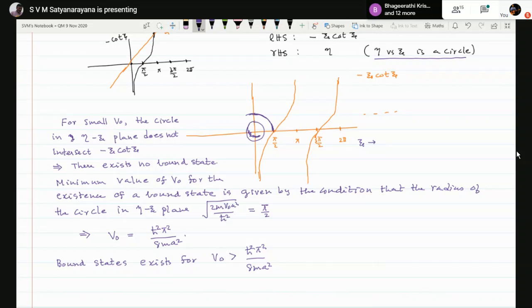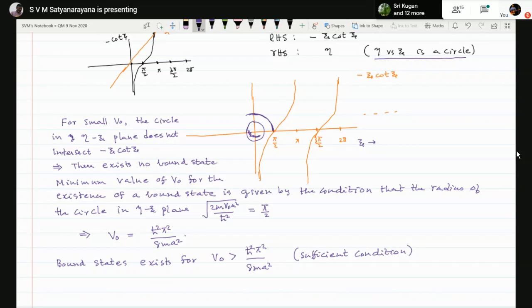This is the sufficient condition. Your V naught should be some threshold. This is the threshold value. Only if V naught is bigger than that, then there will be a bound state.